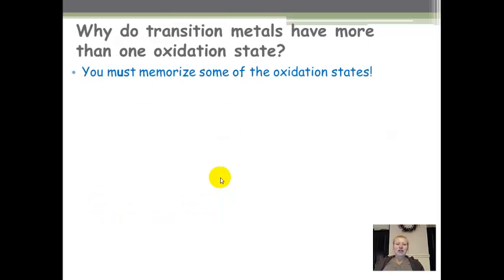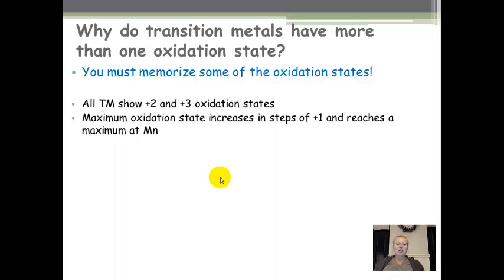So why do transition metals have more than one oxidation state? First of all, you must memorize some of these oxidation states. To help you memorize them, here are a few tips. All transition metals have +2 and +3 oxidation states. The maximum oxidation state increases in steps of +1 and reaches the maximum at manganese as you go across period 3.